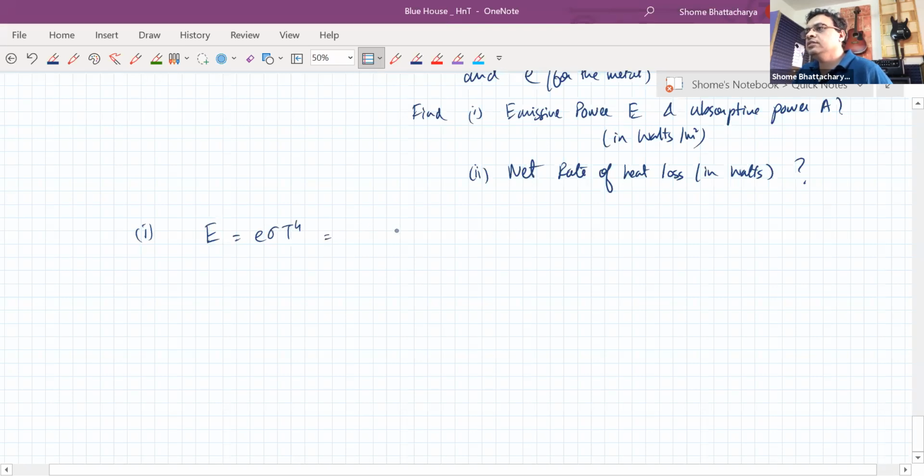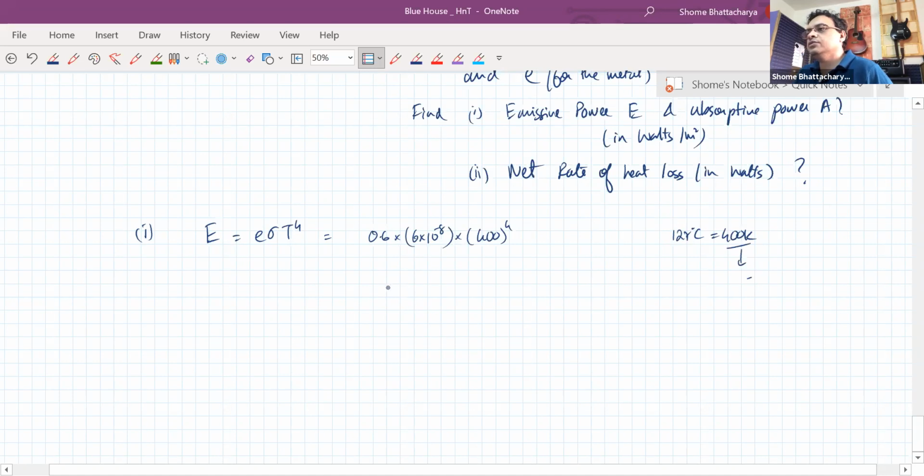Emissivity was 0.6. Sigma we have taken as 6 into 10 raised to minus 8. Now the temperature of the surface, we will have to keep as 400 Kelvin, because 127 degrees C is equal to 400 Kelvin.